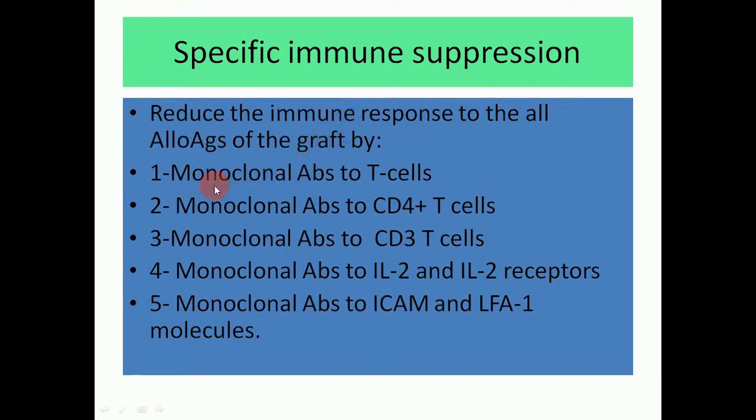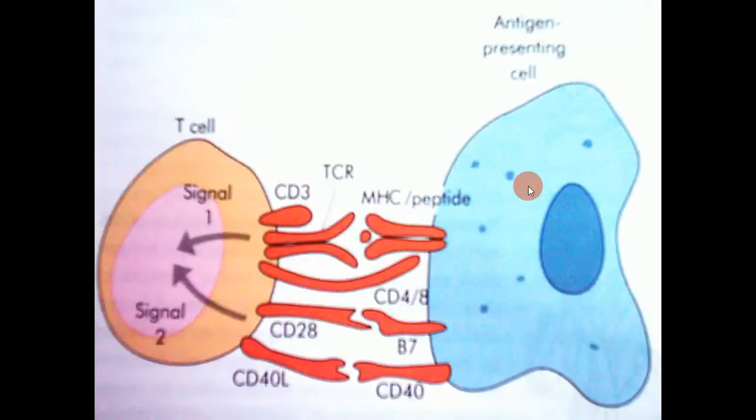So they produce or synthesize monoclonal antibodies against the T cell, monoclonal antibodies against the CD4 T cell, against the CD3, against interleukin 2 and interleukin 2 receptor, against ICAM, intercellular adhesion molecule, and LFA-1, lymphocyte functional antigen 1 molecules. All these molecules are responsible for T lymphocyte stimulation.